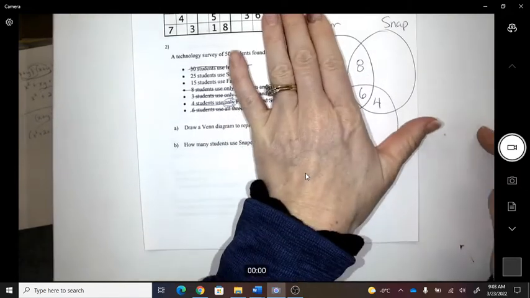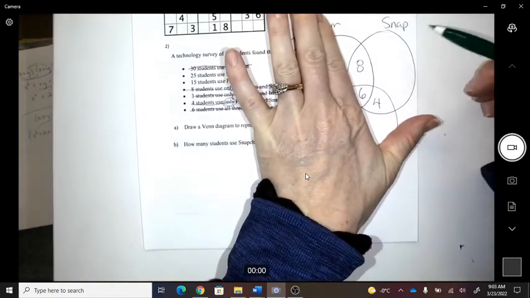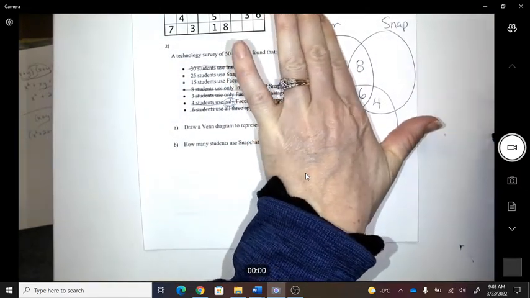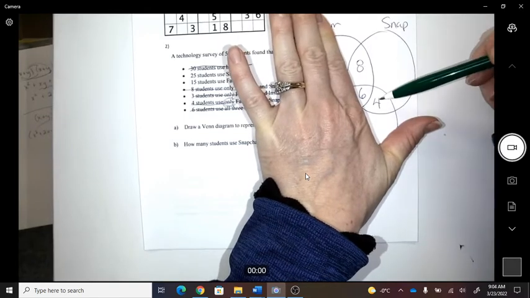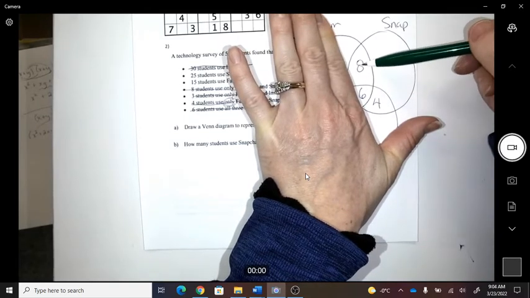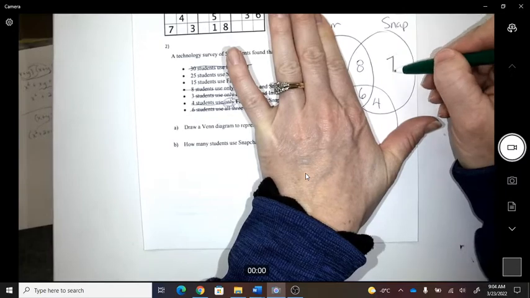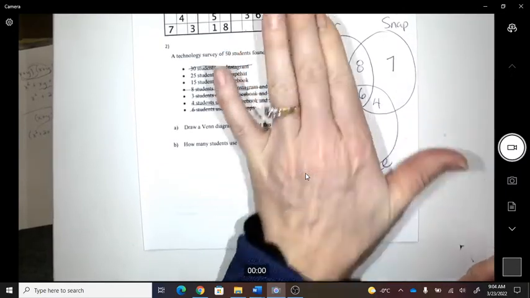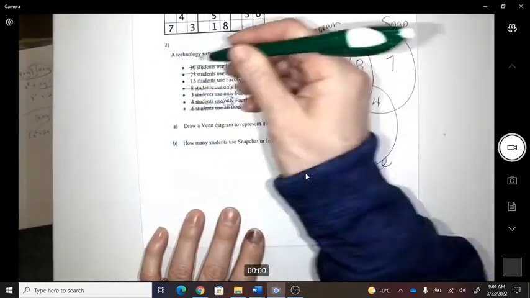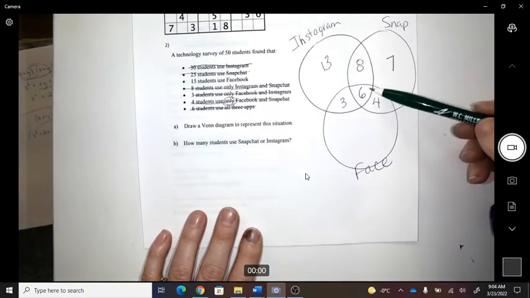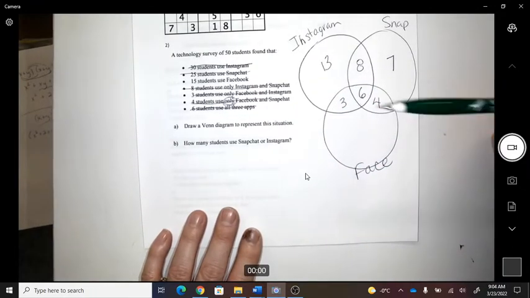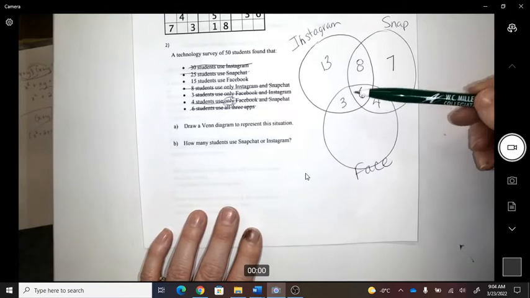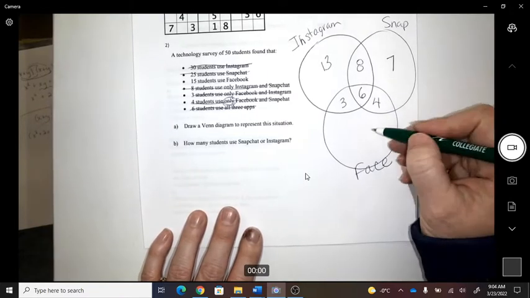Inside the Snap bubble, so there's the whole Snap bubble, 25 we need in there, so 6 and 4 is 10, 18, so I need 7. 15 use Facebook, so inside the whole Facebook I have 13 already, because 6, 4, 3, so I need 2.